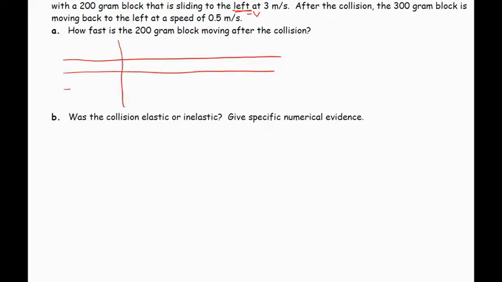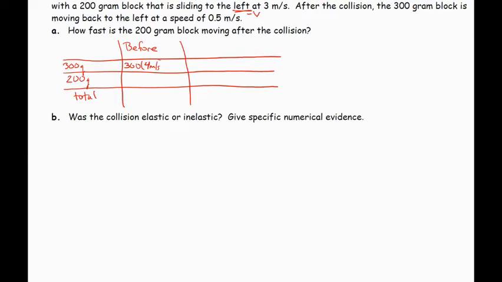So I'm going to go ahead and set up my before and after table. Before, I have my 300-gram block, my 200-gram block, and then my totals. The momentum of my 300-gram block is 300 grams times 4 meters per second.